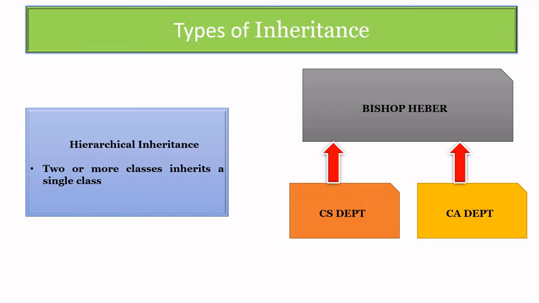In a similar way, in hierarchical inheritance, two or more classes inherit the properties of one particular base class. In our example, CS department and CA department, both classes inherit the properties of the college class. So this is the way hierarchical inheritance is implemented.